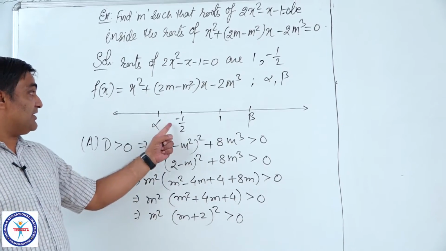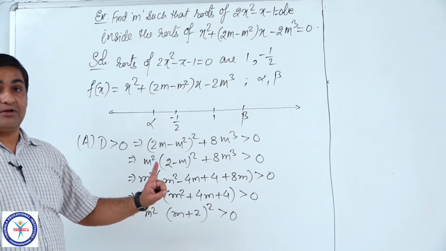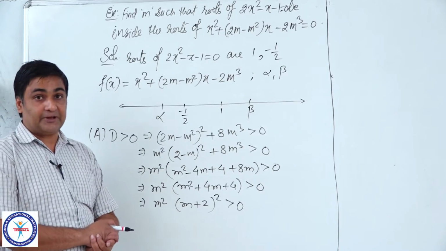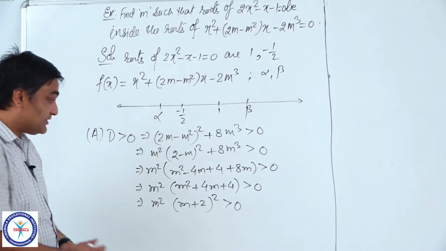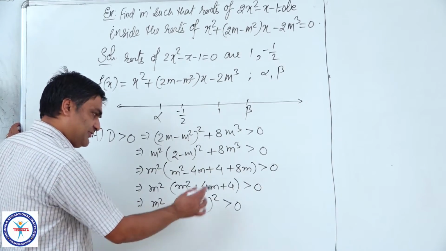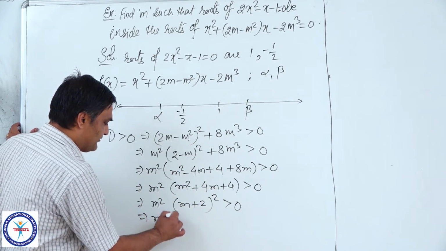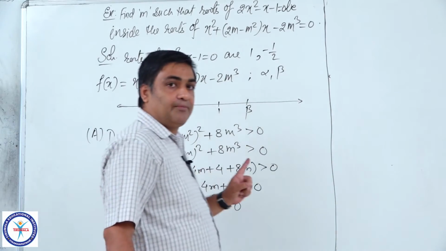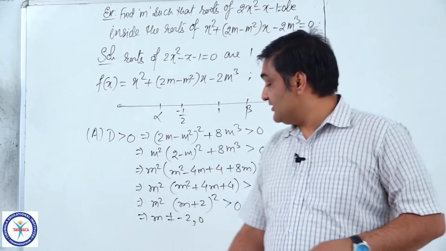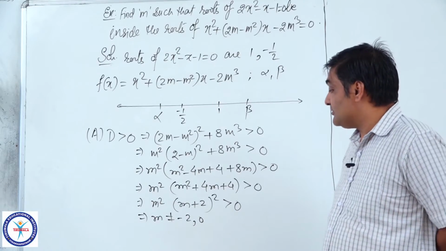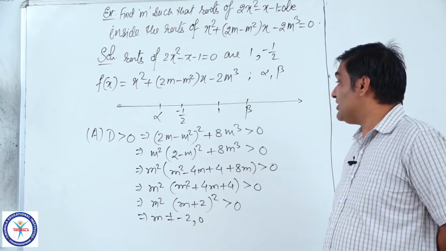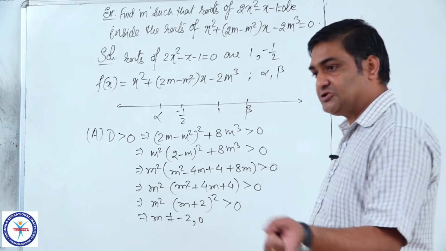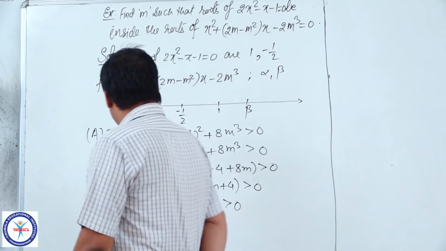No, because minus 1 by 2 and 1 have to lie in between alpha and beta. So, how can alpha and beta be same? They are distinct. This implies it is positive for every value except m equal to minus 2 and 0.